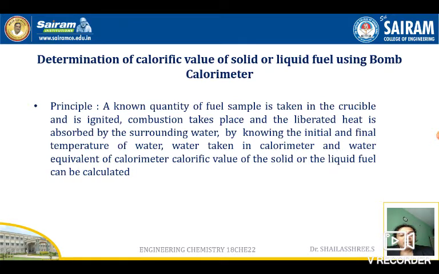We are burning a known quantity of the fuel in a calorimeter by igniting it. Combustion takes place and liberates heat. The liberated heat is absorbed by the surrounding water, so the temperature of the water is raised. By knowing the difference in temperature of the water, we can calculate the calorific value of the given solid or liquid fuel.